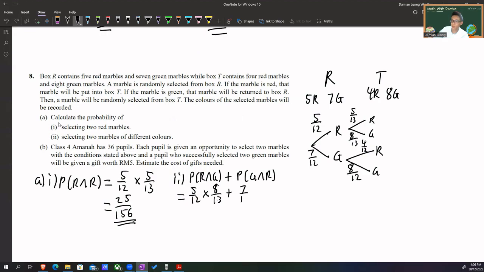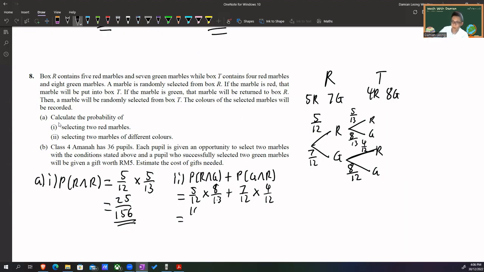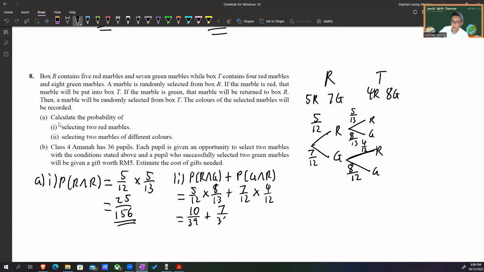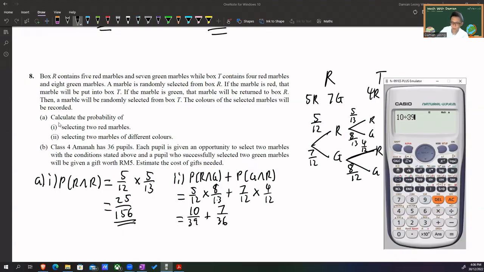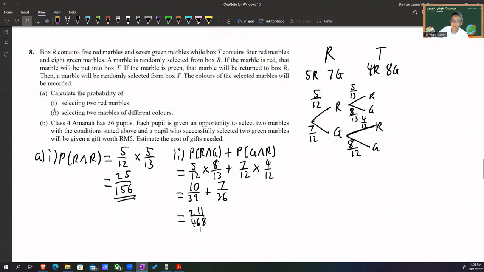First one green 7 over 12 times second one red, this one 4 over 12. 5 over 12 times 8 over 13, 10 over 39, plus 7 over 12 times 4 over 12, 7 over 36. Add together 10 over 39 plus 7 over 36 is 211 over 468.